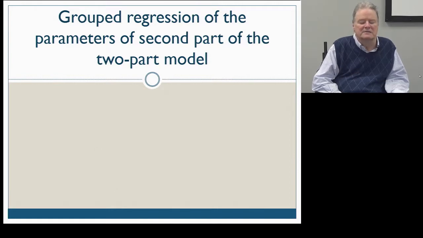So the second estimation is the group regression of parameters in the second part of the model. These are simply the regression results, not the application of the earnings estimate, the earnings being a continuous variable, although in multiple categories. I believe we had 15 to 20 categories.